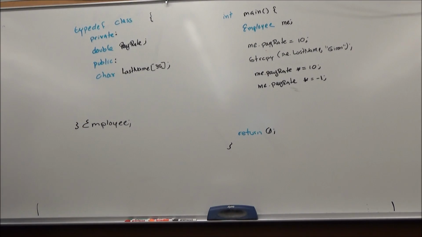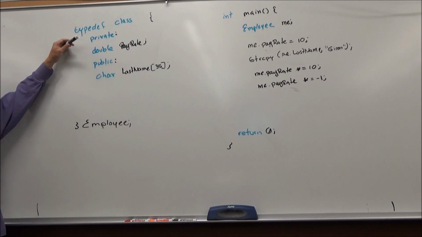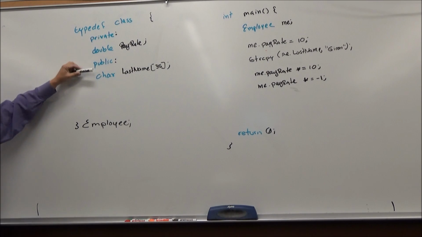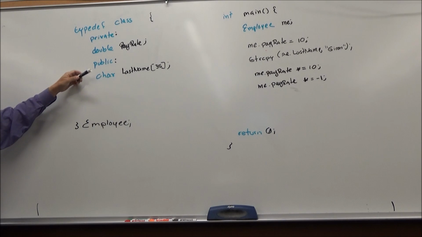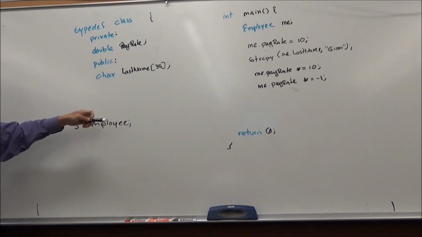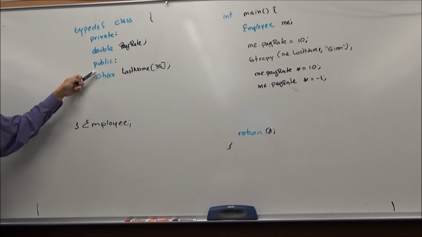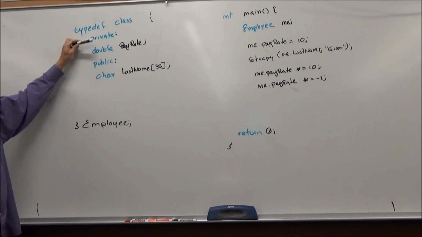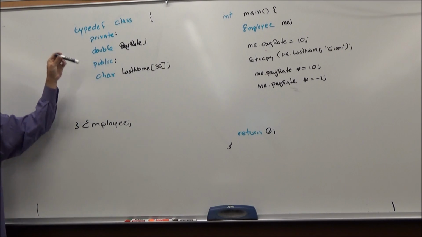If I do that, doesn't matter if I use class or structure, they're exactly the same thing. So I say private and colon, and anything that's below the private is private, and if I have 200 variables below, under the public, it will be public. So you don't have to do this per line or per variable, just do it for whatever is below. Remember, the computer reads top to bottom.